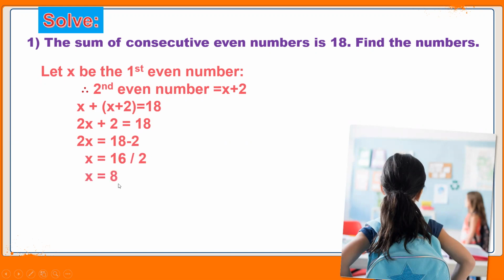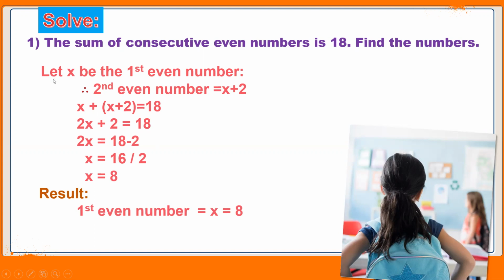So here, students, x is equal to 8. What is the meaning of x is equal to 8? That the first even number is 8. So in the end, we have to mention the result as well, that the first even number is x and x is equal to 8, because we supposed that the first even number is x.